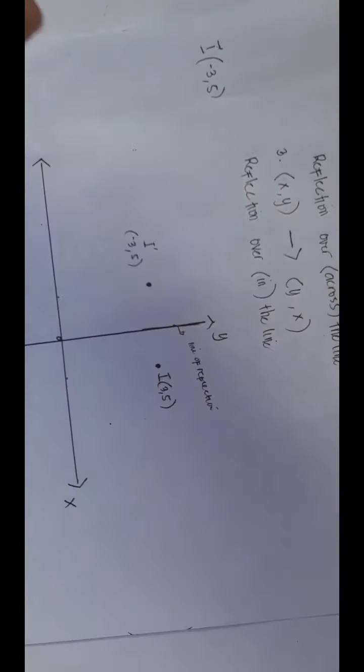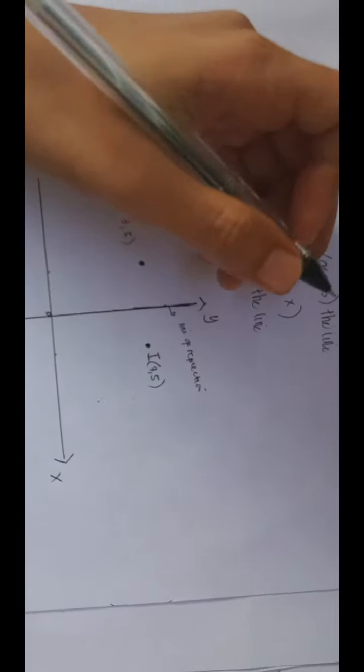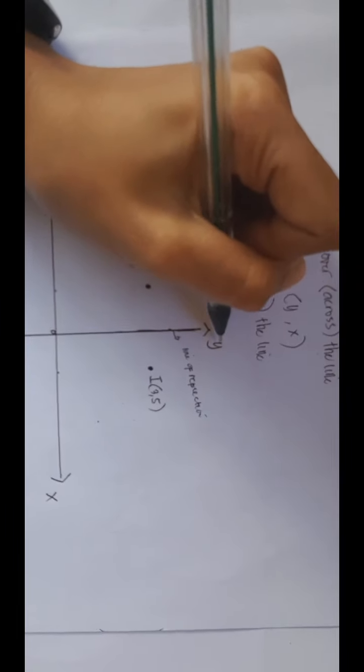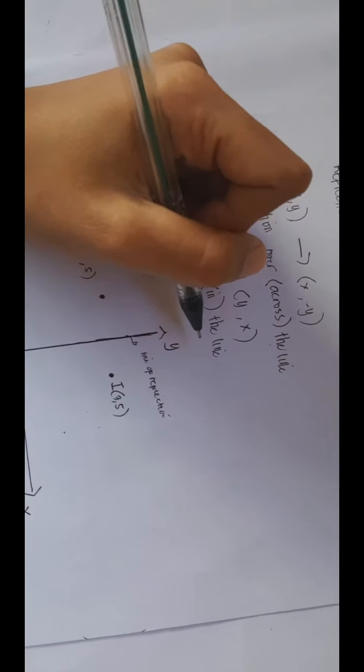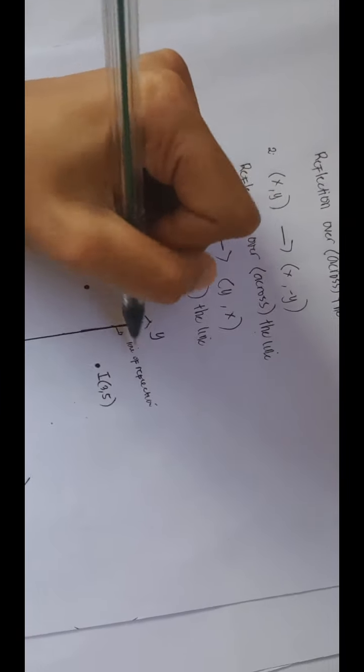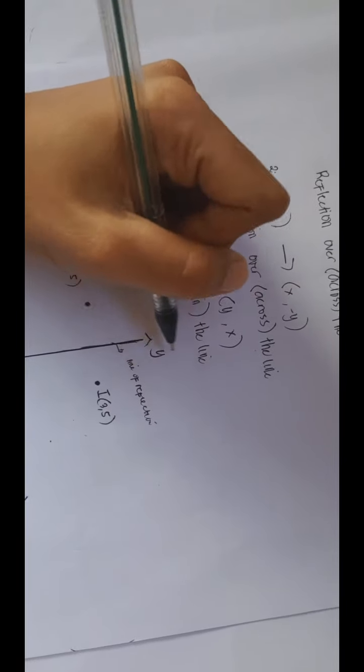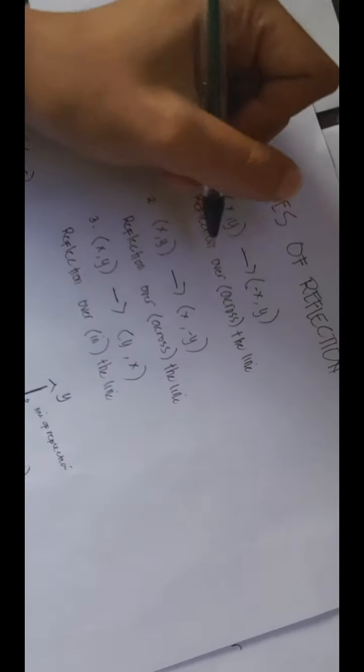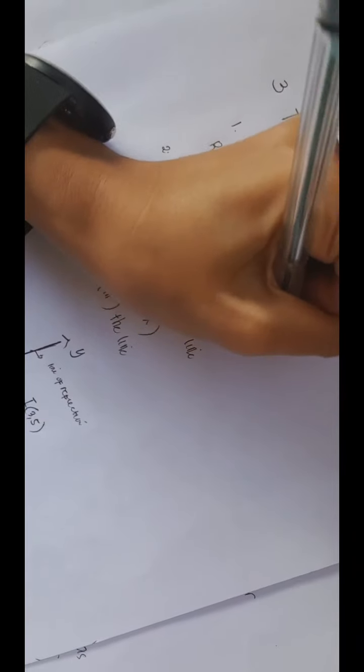Since it passes this line here, which is the vertical line, and that is what we call the y-axis, therefore, rule number 1 is a reflection over or across the y-axis. Okay, gets?